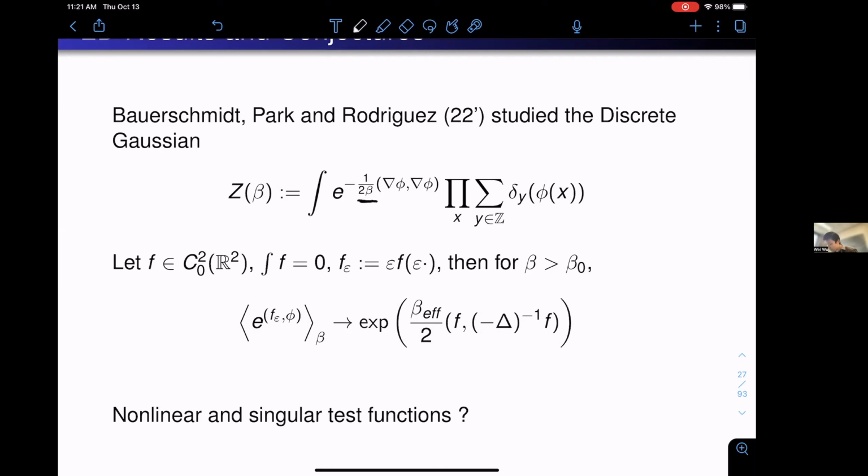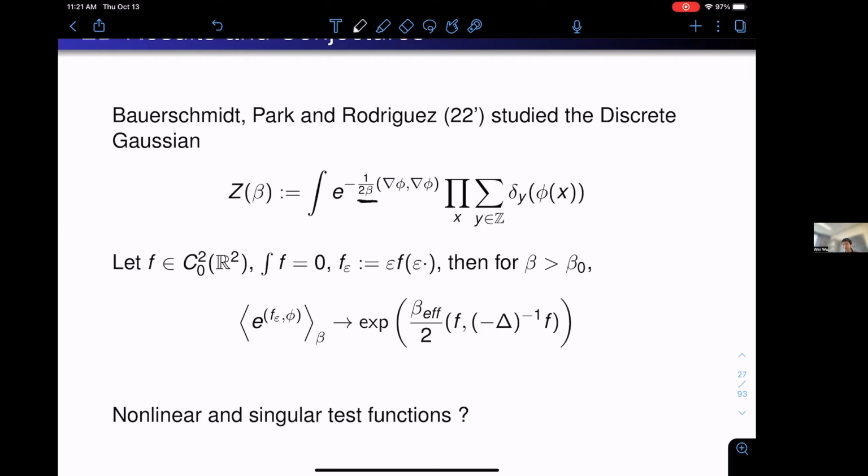So they prove this for the discrete Gaussian model in 2 dimensions. Now, since this discrete Gaussian model is a dual model for the Villain model, it would also be very interesting to see whether there's a way possibly to derive the result for the spin-spin correlation for the Villain model.